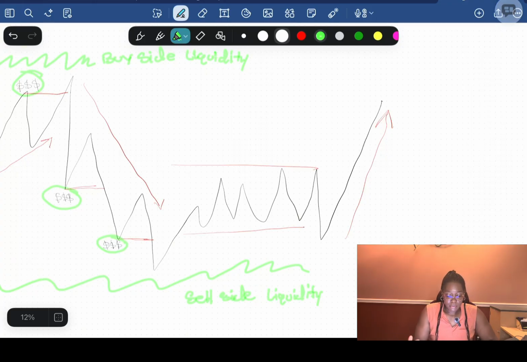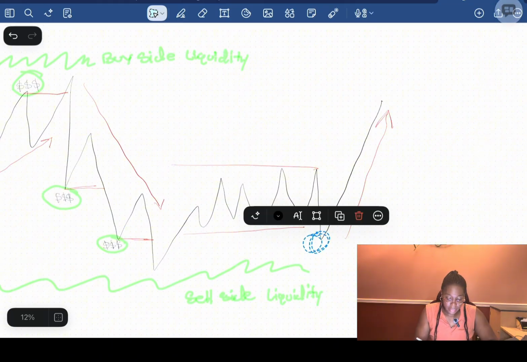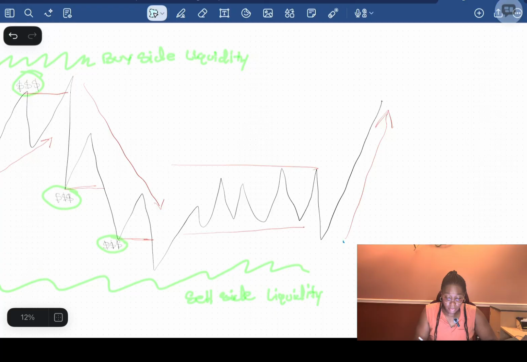People are getting in, people are buying, people are selling. So that might look like overlapping when there's no clear direction. Then you might see price break out, which we see over here, and then eventually go and choose a direction, which in this instance I drew out going to buy side.